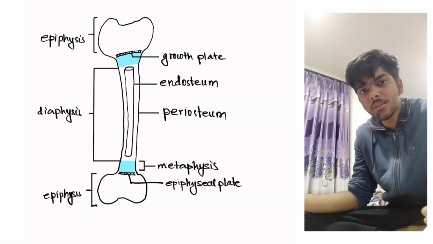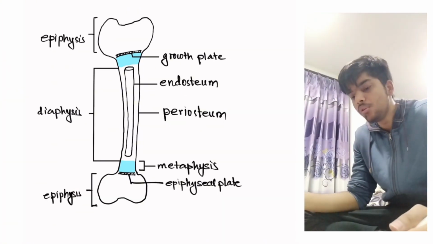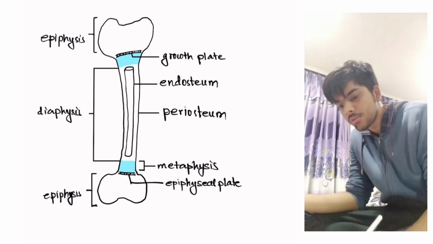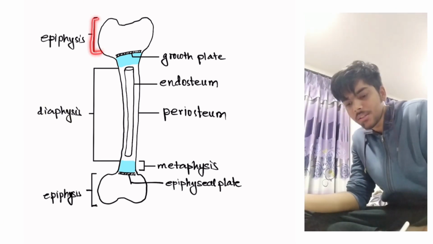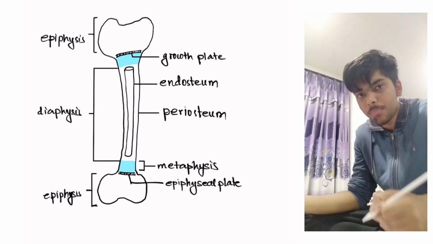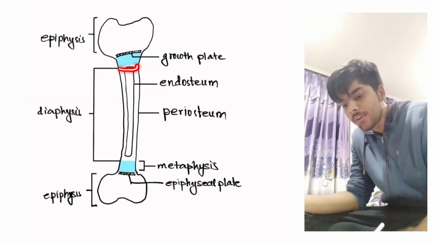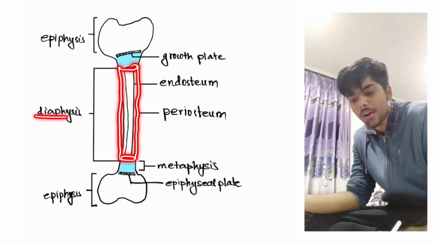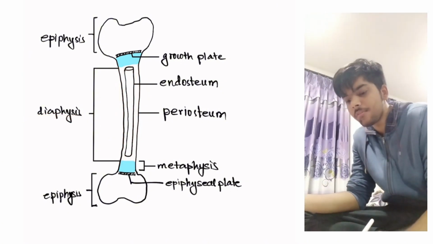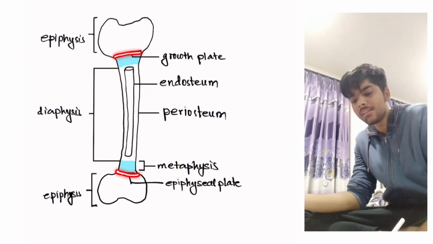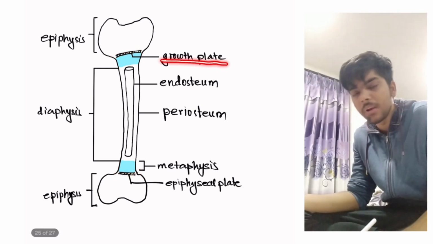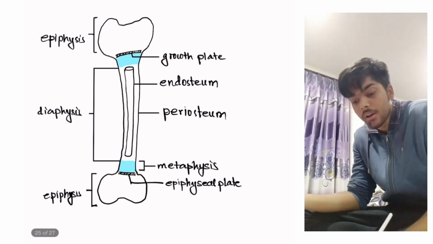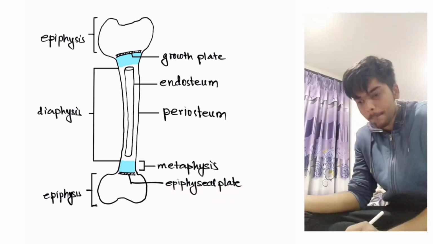So here are some major structures of a long bone. The two ends of the long bone, so here's one end and here's the other end, are called epiphysis. The shaft of the long bone is called diaphysis. At the end of the epiphysis, there's a plate, and this plate is called the growth plate, or sometimes the epiphyseal plate.